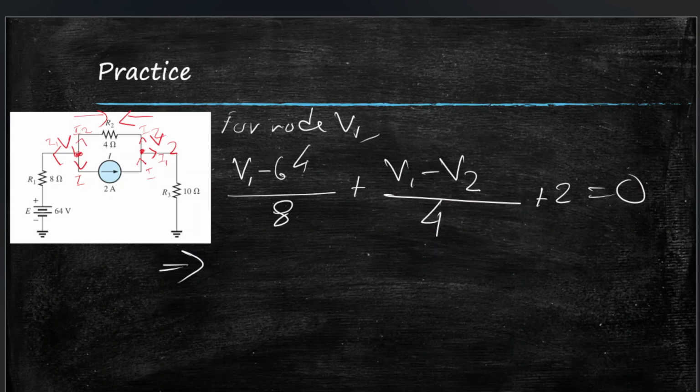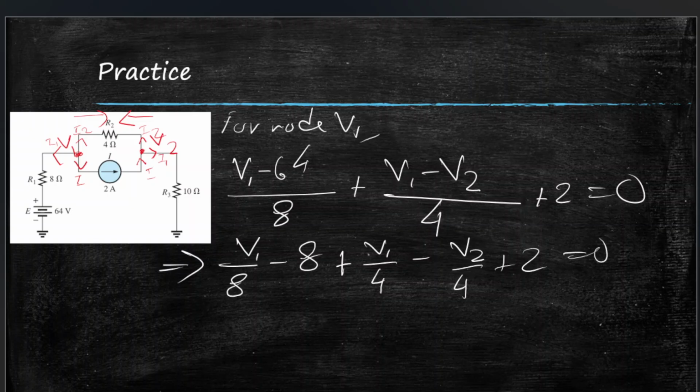Okay, let's do the LCM. Instead of taking LCM, we can do another thing, which is separate them. So v1 over 8 minus 64 over 8, which will be 8. Right here, 64 over 8 will be 8. And then plus v1 over 4 minus v2 over 4 plus 2 is equal to 0.